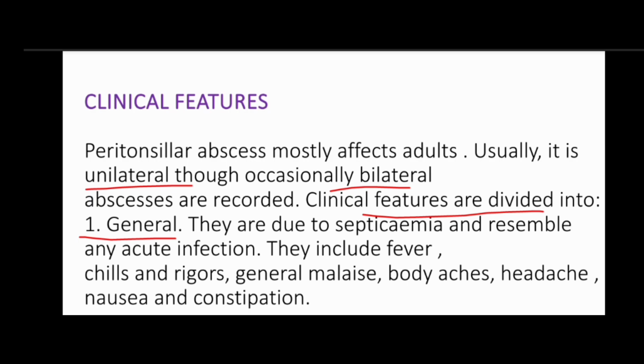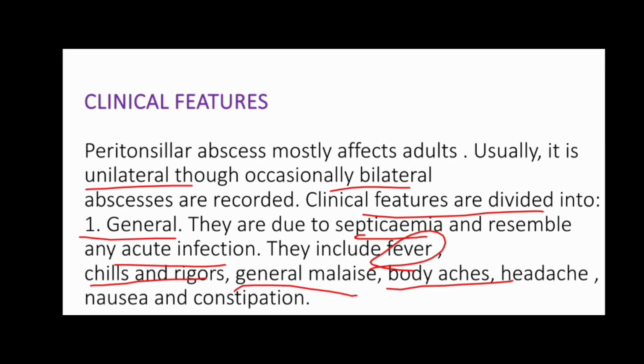They are due to septicemia; the patient looks toxic and resembles any acute infection. They include fever, chills, and rigors. With fever, chills, and rigors, we have to think about a bacterial infection. The patient also presents with general malaise, body ache, headache, nausea, and constipation.